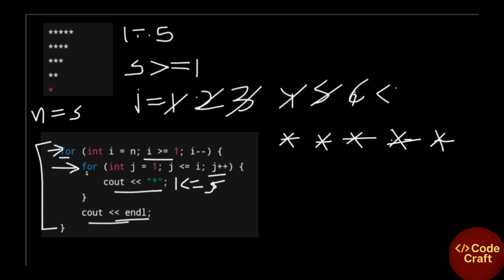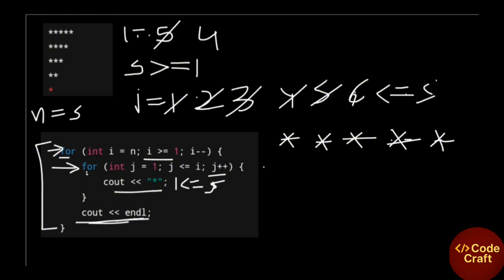Two is also less than or equal to 5, so this condition is true and we get one more star. Then j becomes 3, 4 and 5, each printing one more star.